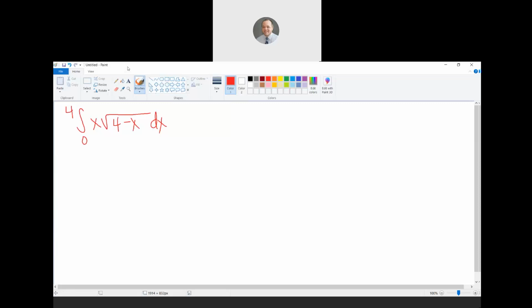So if I let u equal 4 minus x, then du is equal to just negative 1 dx. Or in other words, negative du is equal to dx.